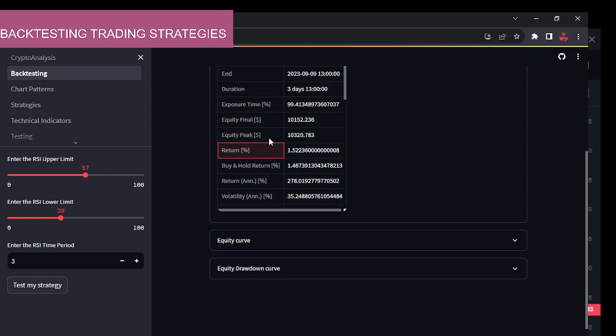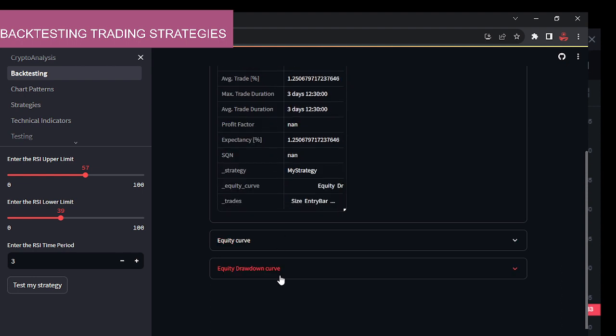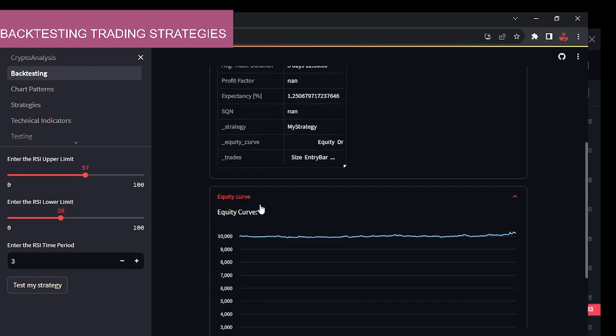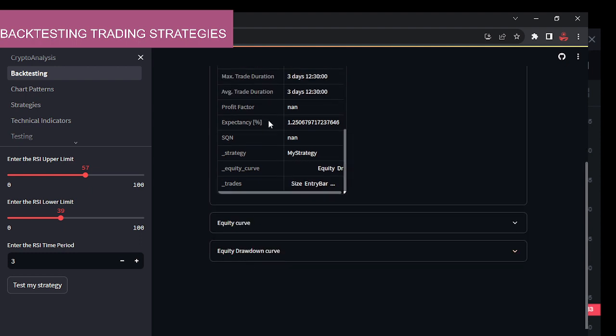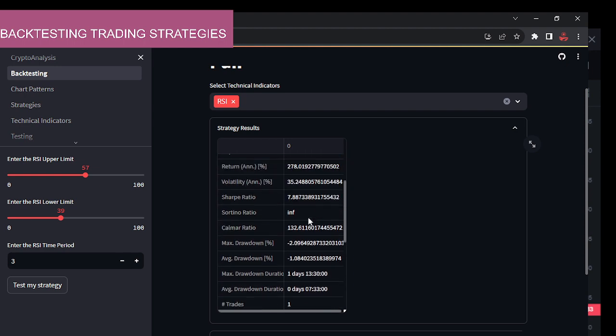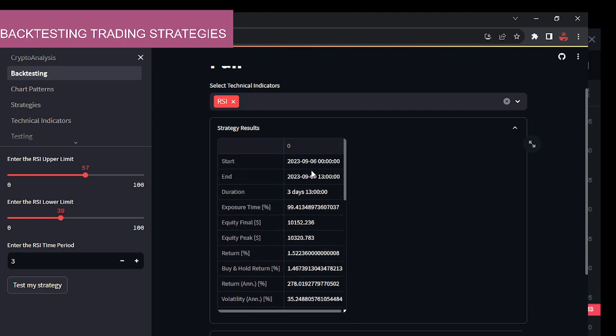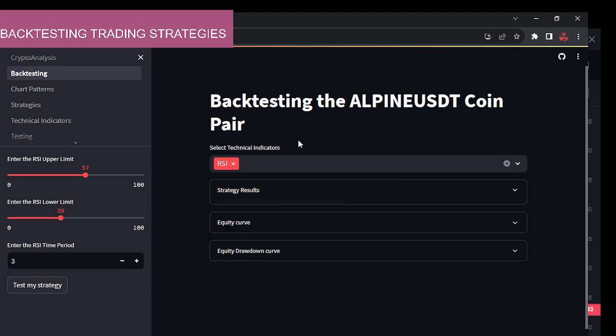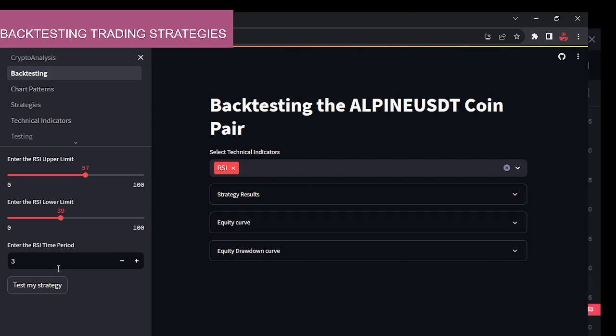Another thing that I want to check is the equity curve. You can see it's also quite commendable, considering this is like 3 days. For 3 days, you're actually working with quite commendable information over there. So I think that's it.